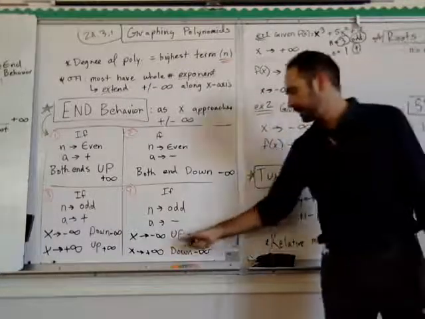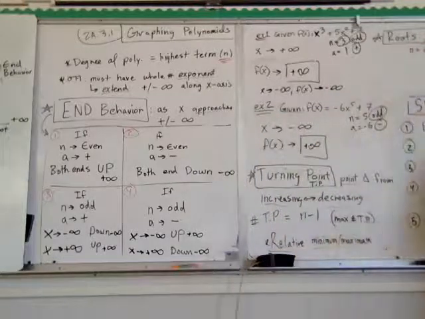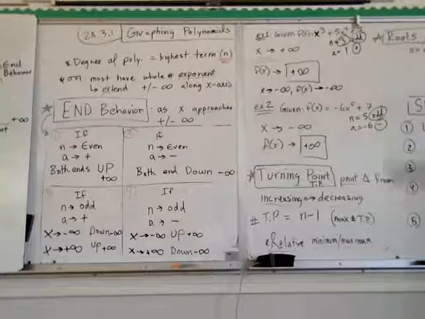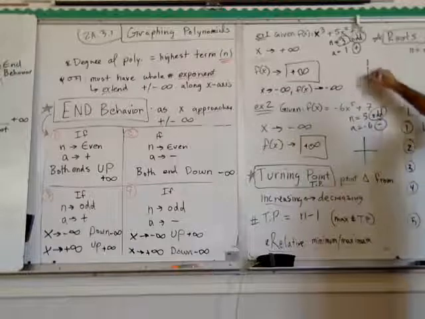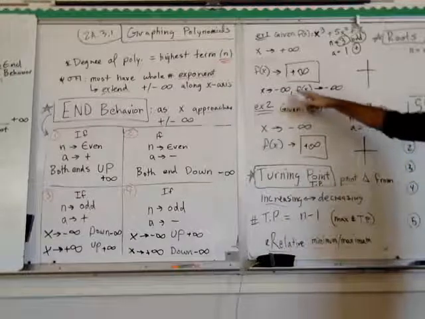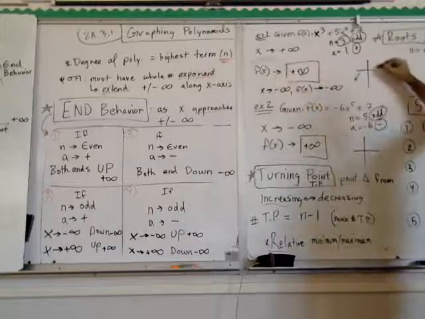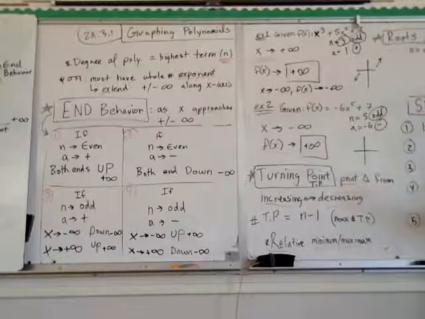It's going to go up towards positive. That's all you need to know. If I was starting to write this, I would know that as x approaches negative infinity, it goes down, so this way. And as x approaches positive infinity, it goes up. So at least that's the way the graph is going to end.